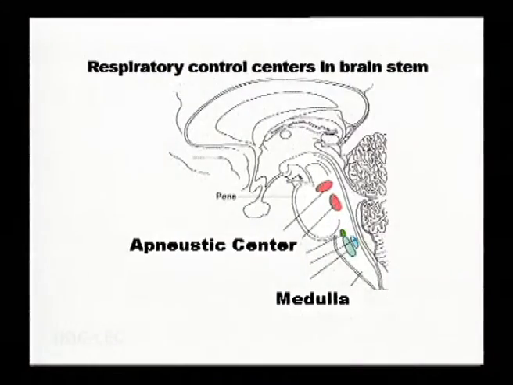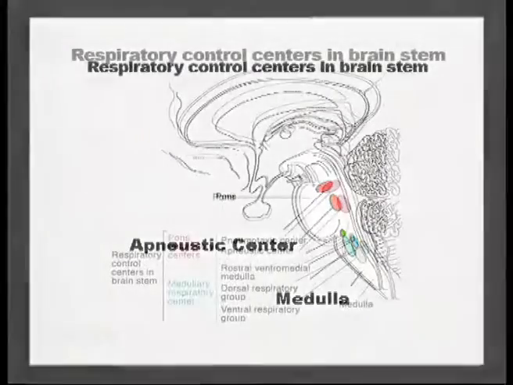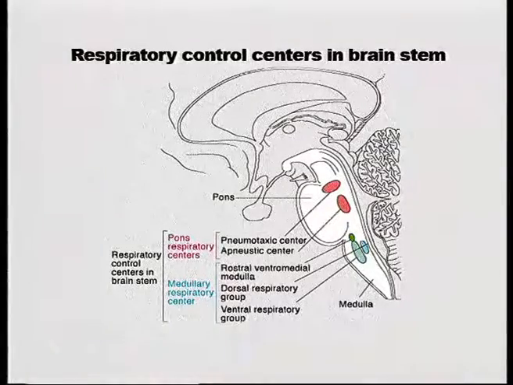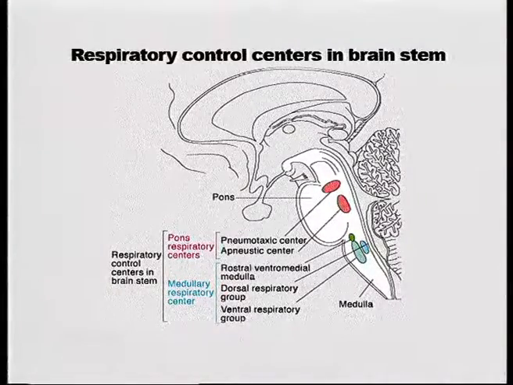Now the fourth center, the apneustic center. The apneustic center works opposite to the pneumotaxic center. It sends a positive impulse for more inspiration to the inspiratory area of the dorsal center and the inspiratory area of the ventral center.